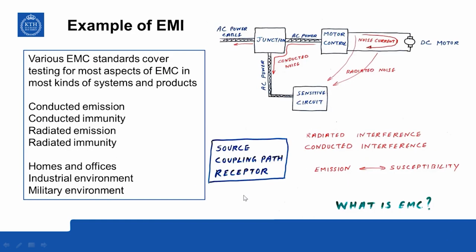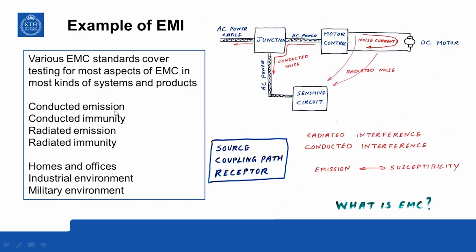Now, what are the things tested? This is from chapter 1, explaining the different ways of having interference. You have conducted emission.